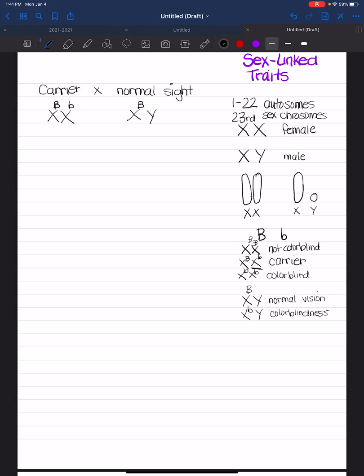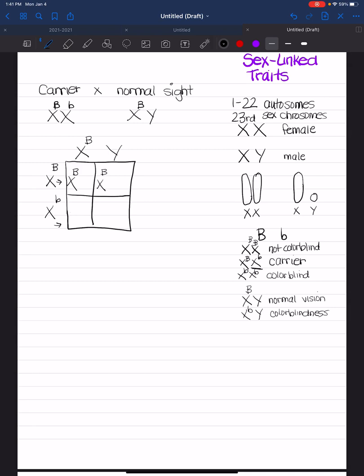Step two is to complete the Punnett square. So we put the mom on the side. Again, we have to use the X's and the Y's because they are part of determining how this trait is passed along. For this possible offspring, the mother's going to contribute X big B across.